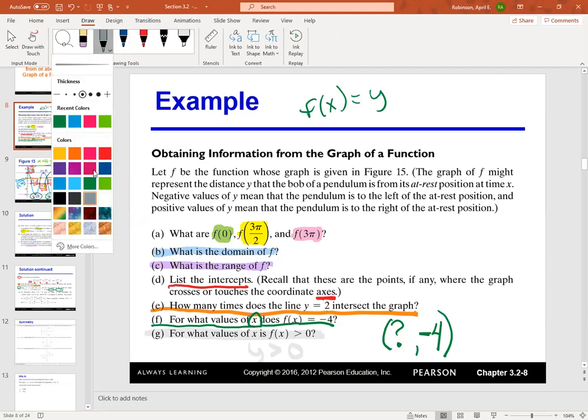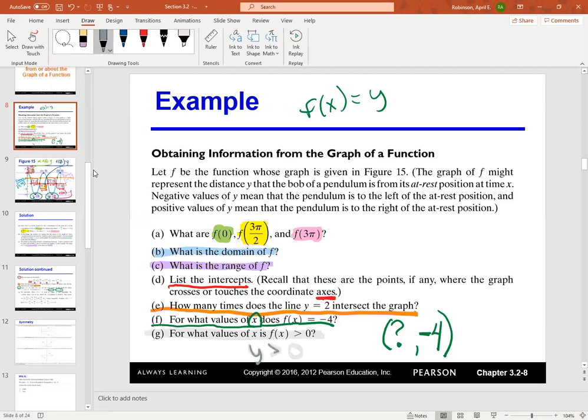Doesn't that mean if you're looking at the XY coordinate grid, anywhere there's a y greater than 0, wouldn't that be above the origin in quadrants 1 and 2? That's where y is greater than 0.